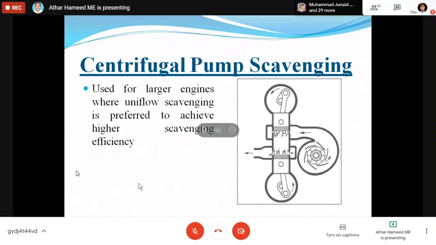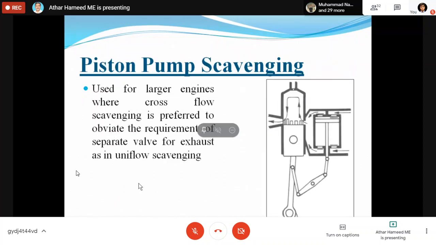Okay. Then we come over to the piston pump scavenging.